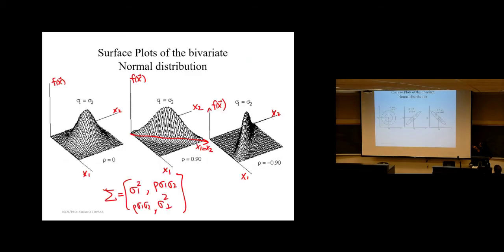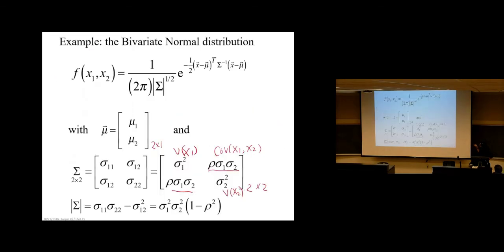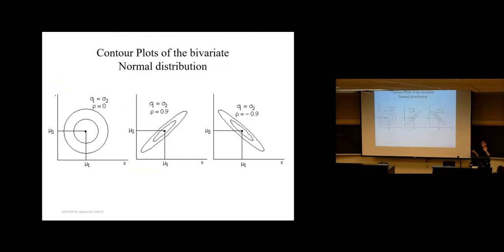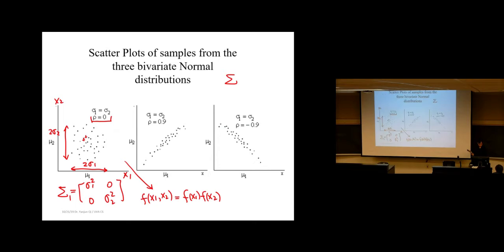You can just put that into this equation. Covariance is 0, right? You can totally decompose this formulation to make it a product of f(x1) times f(x2). You can do this very easily, but I'm not going to do that.